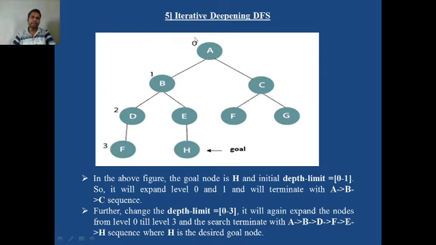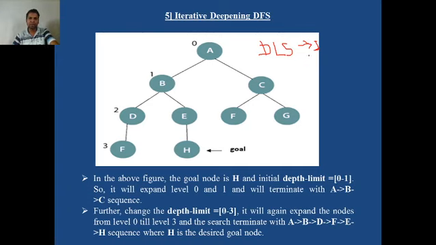In iterative deepening depth first search, as compared to depth limited search, DLS, the depth limit is adjustable. In depth limited search, once you set some depth limit, for example 1 or 2, you cannot go beyond that level.